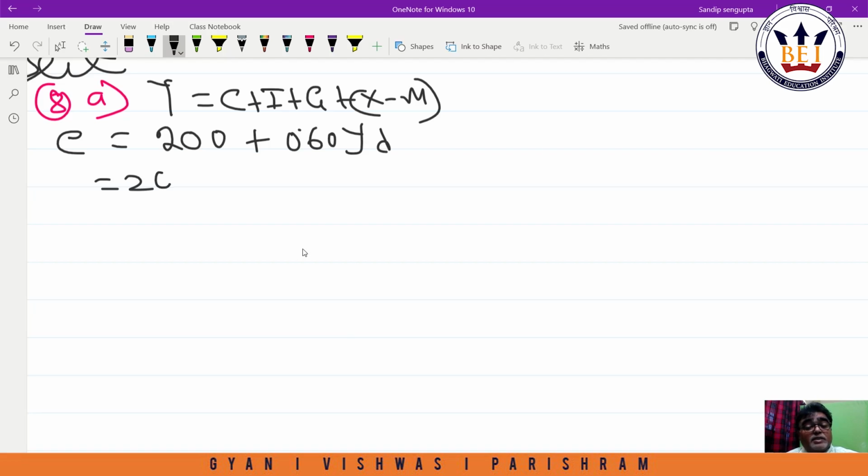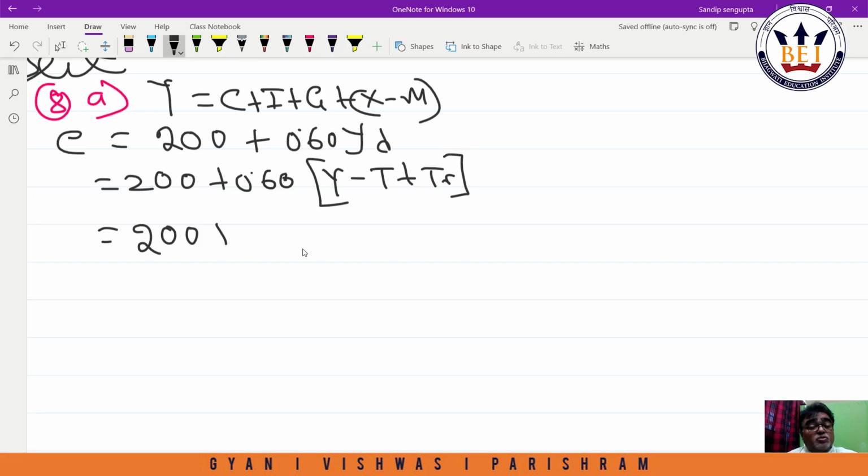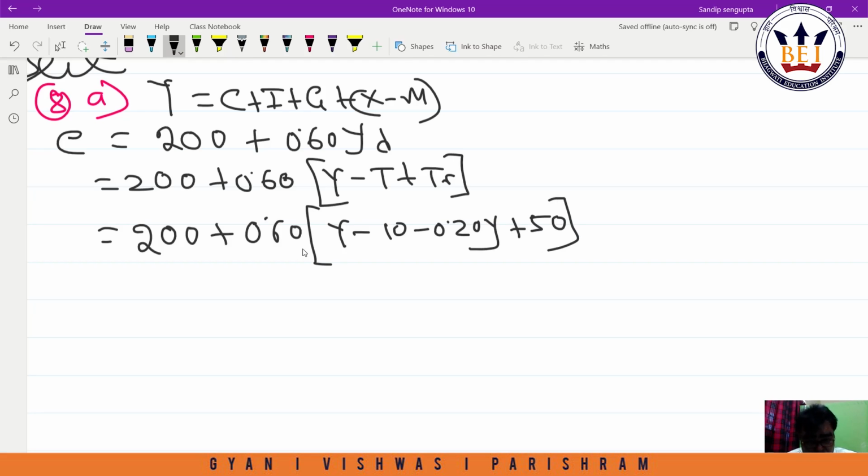I'll do this numerically. YD means income minus tax plus transfer payment. So how to write it: 200 plus 0.60 times (y minus tax value given as 10 minus 0.20y plus transfer payment given as 50).